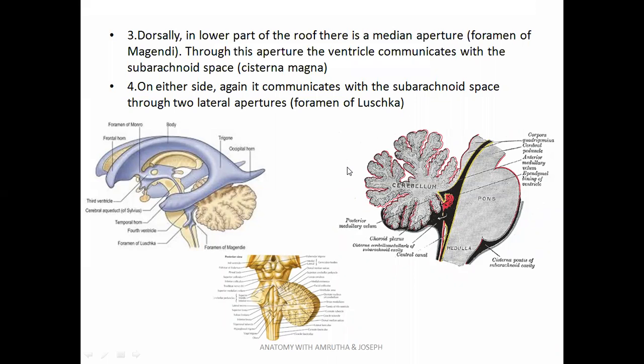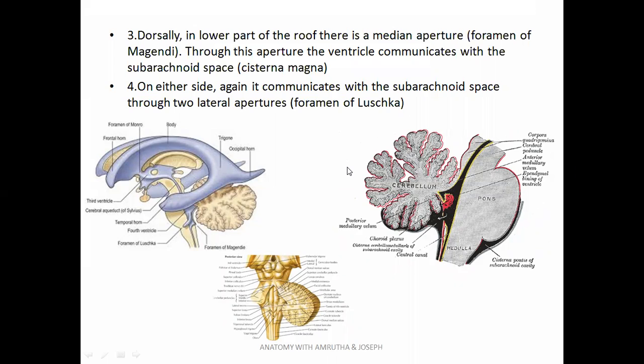In other words, it is in between the arachnoid mater and the pia mater. Sub means below the arachnoid. So below the arachnoid and above the pia mater, between the pia mater and the arachnoid mater, you can see a space, that is the subarachnoid space.